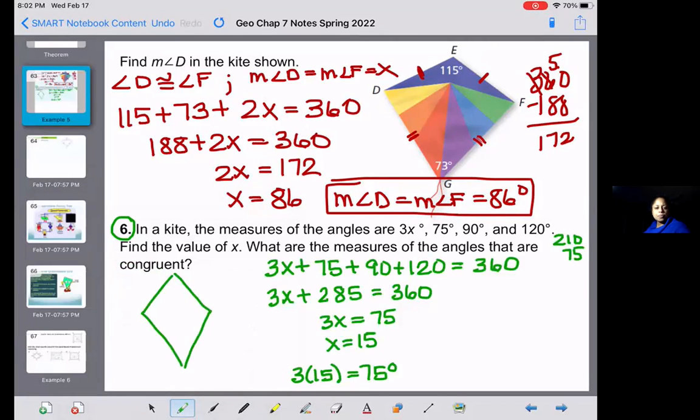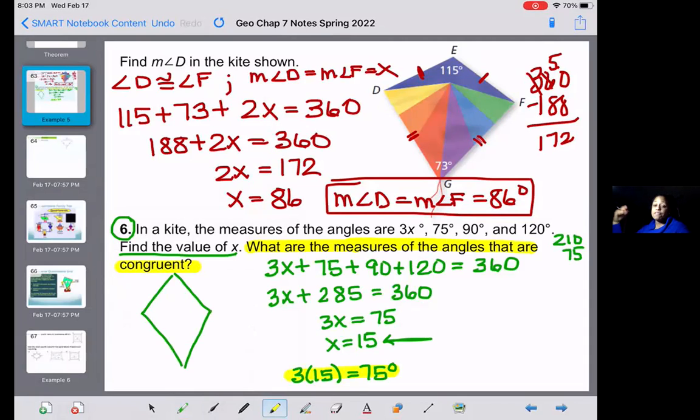Okay, so hopefully you put together an equation that looks something like what you see in green there. The directions say to find the value of X, which is 15. Hopefully you got that right. And then the second part says, what are the measures of the angles that are congruent? Well, we've got 3x, which we also know is 75 because you just plug in the 15 and you get 75.